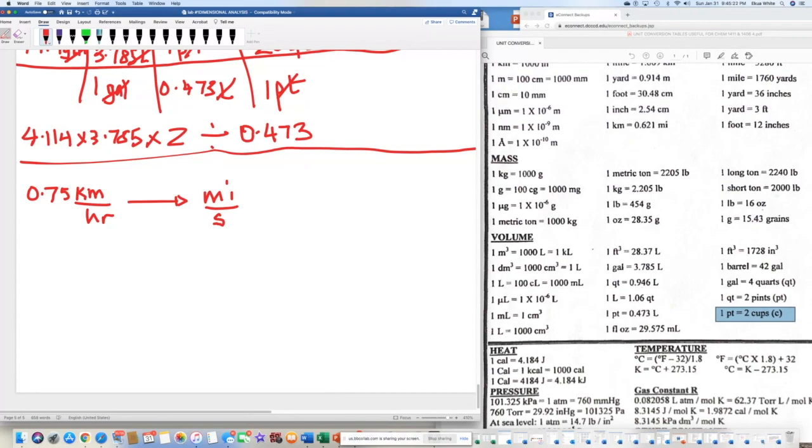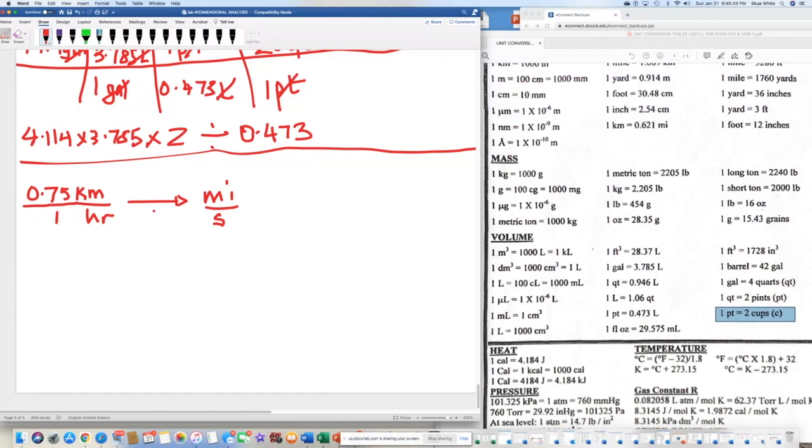So I remember this is a fraction. I'm going to change this number without changing the value over the one on the bottom. Remember, any number divided by one is the same number. So 0.75 kilometers over one is the same thing as 0.75 kilometers over 1 hour.